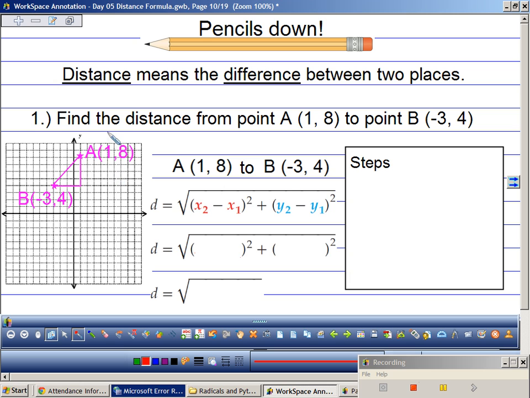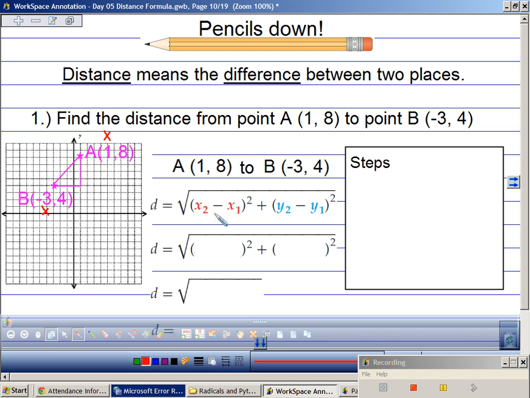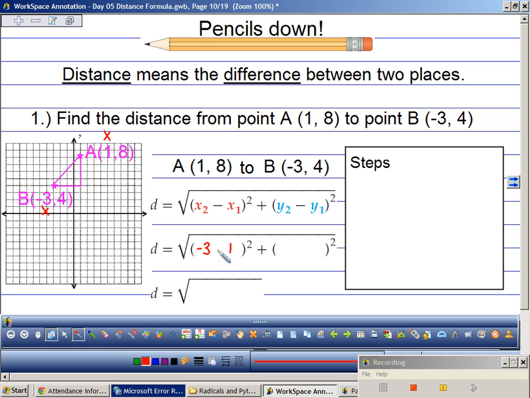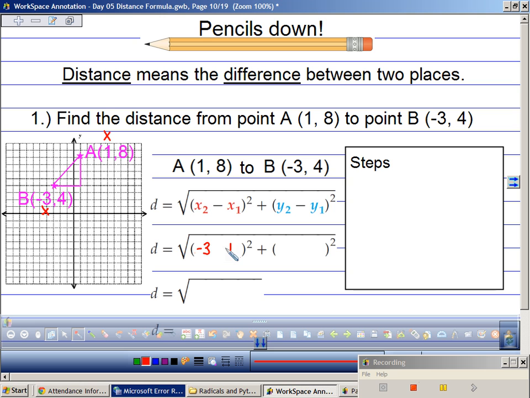All right, so here are my x values. Here's an x, and here's an x. We're going to work backwards. -3 and 1. What's the difference between -3 and 1? What do I write for distance? Jesse, what do I write for distance? What goes in between these?